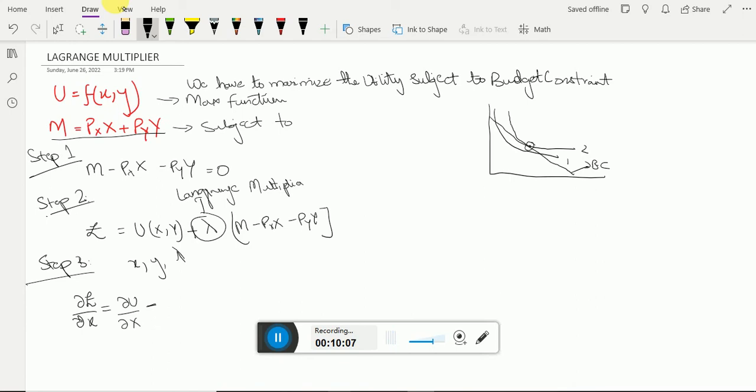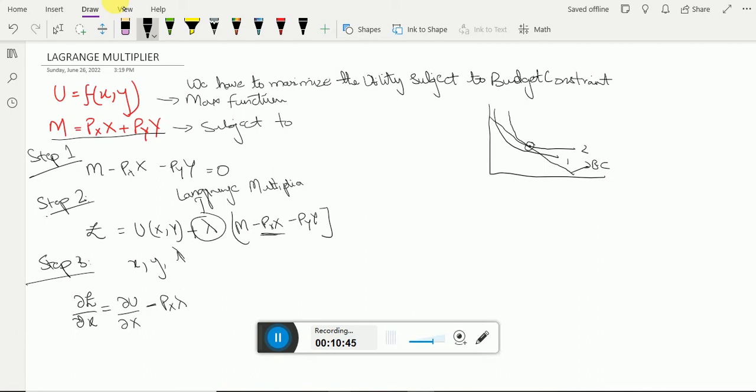Here there is only x present in the bracket, which is multiplied by the price of x. So we write minus px and lambda, as there is no x in income and there is no x in the price of y and y.